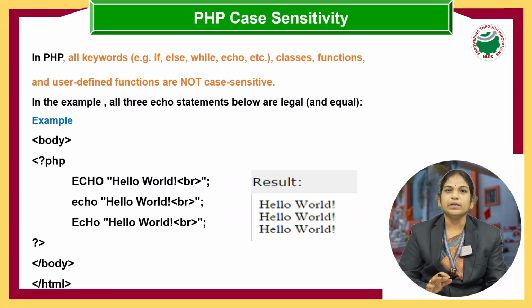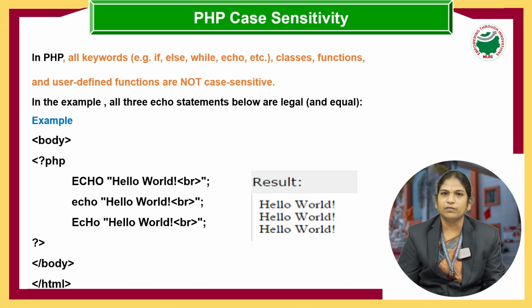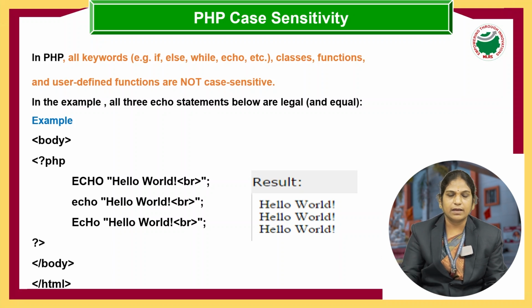And echo with mixed case, E capital, C small, H capital, and O small, also prints hello world, because there is no difference between uppercase, lowercase and mixed case of keywords. Everything is treated as the same.